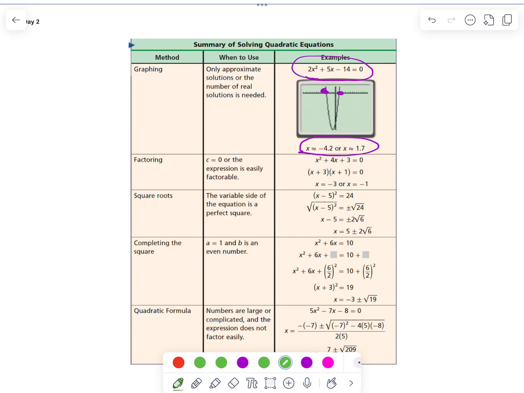Another way is we can factor it and use our zero product property. Another way is we can solve by square roots. Another way is to complete the square. And the way that we just finished today is to solve by the quadratic formula.